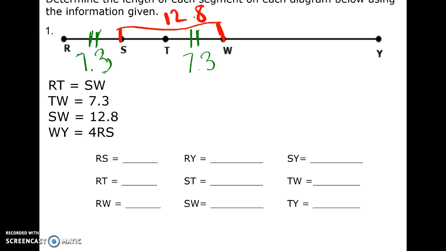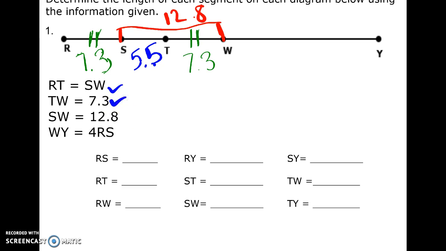If we subtract 12.8 minus 7.3, that gives us ST, which is 5.5.